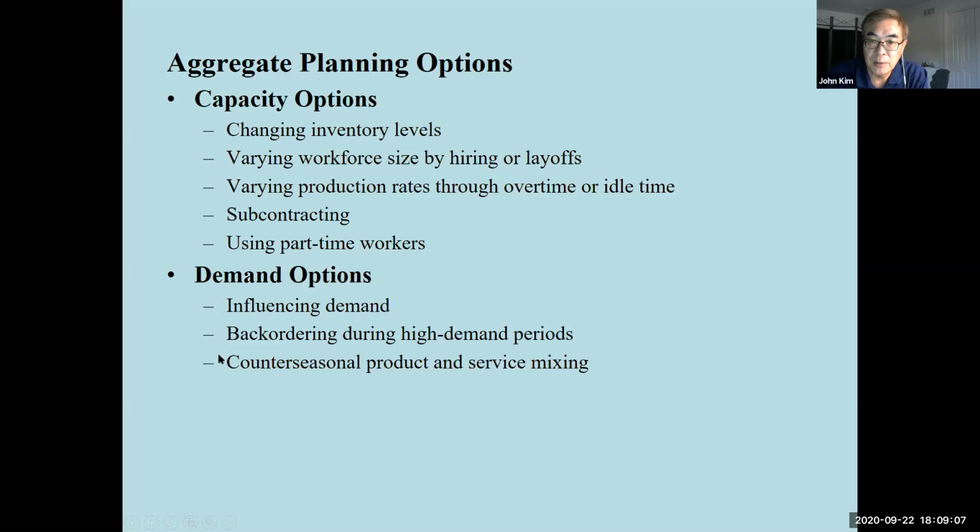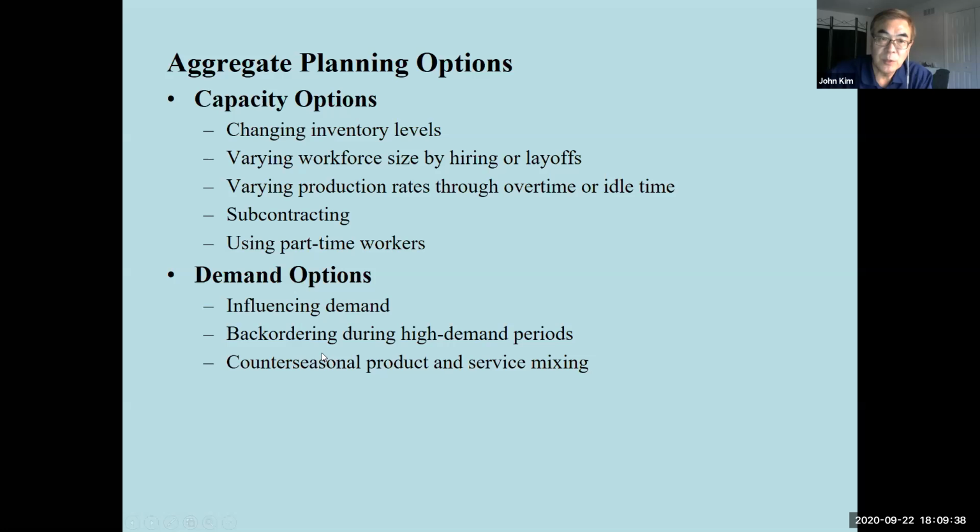And then demand. If demand fluctuates, sometimes a peak, sometimes low, then to make it stable they may use advertisement and so on to try to increase demand. And then back ordering during a high demand period.